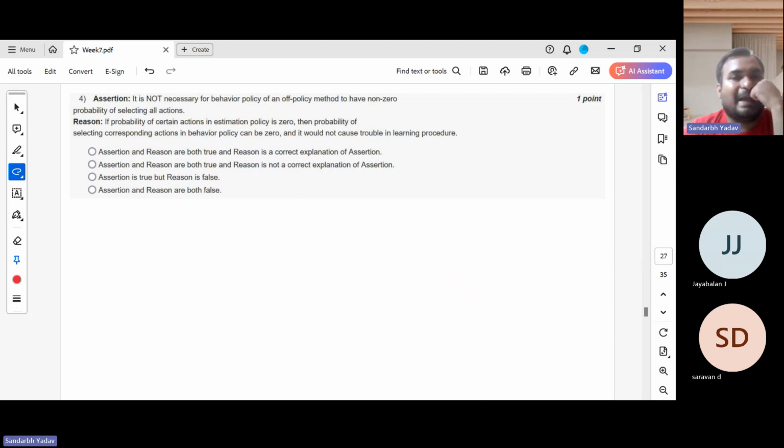Let's have this behavior policy as mu and the estimation policy as pi. In off-policy, what we do is importance sampling, right? You might have remembered this from the last lecture.